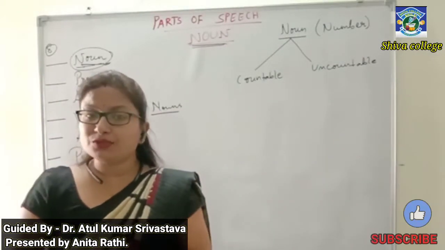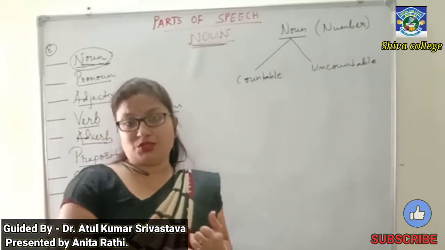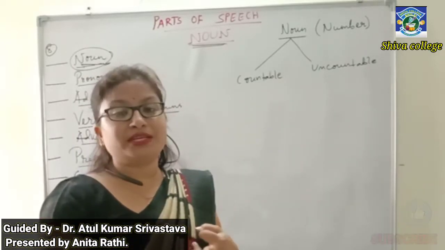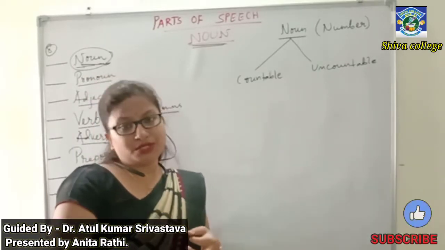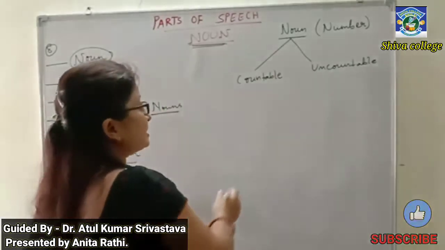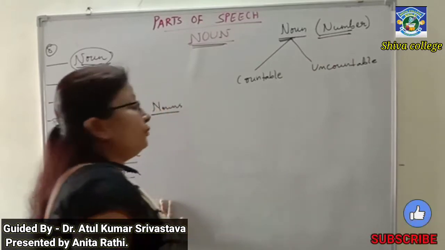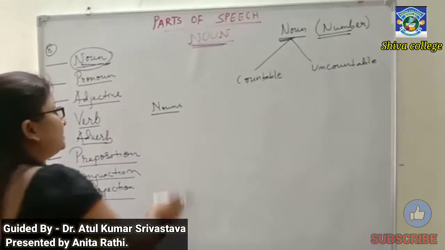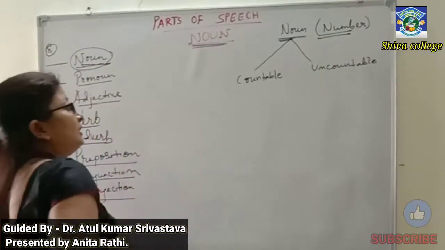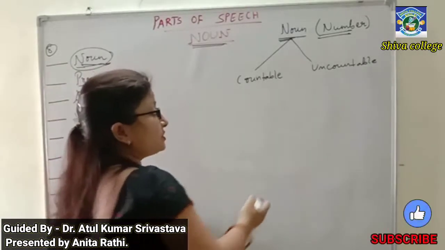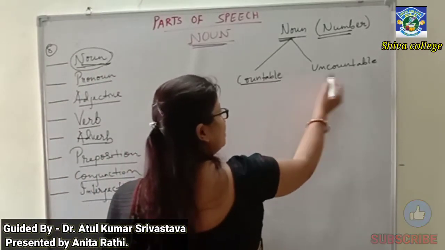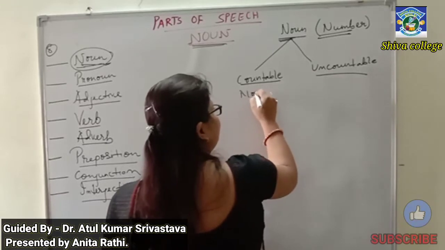According to their use means noun can be divided according to its number and according to its gender. Today we will discuss noun according to number. When we discuss noun according to number, there are two types of nouns: countable and uncountable noun.